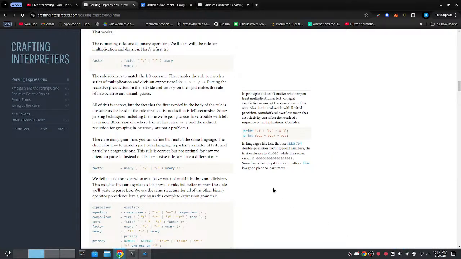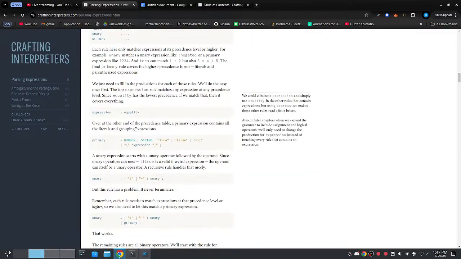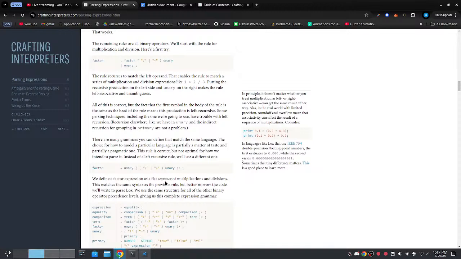I thought left recursion was okay to do. Okay, so right recursion wouldn't.